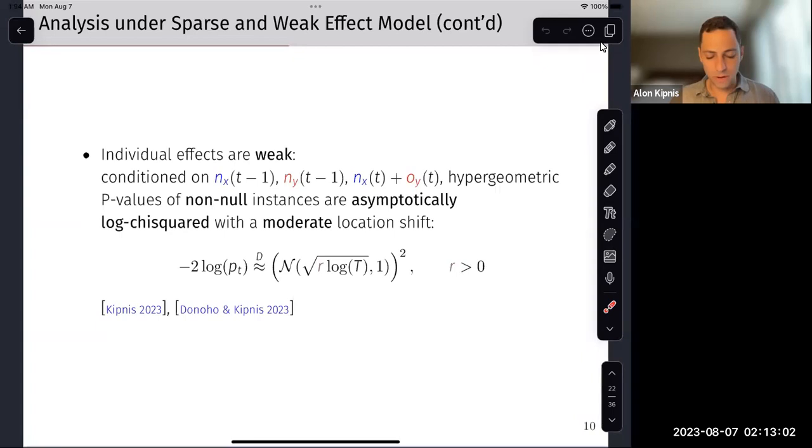The number of events and at-risk patients at every time depends on the number of events that occurred at earlier times. But this tool, the log chi-square approximation that applies to a batch of p-values, gives us a relatively easy way out and allows the analysis that I'll show you next.